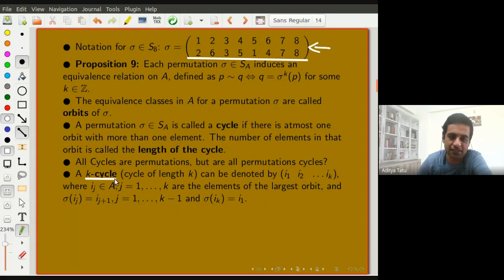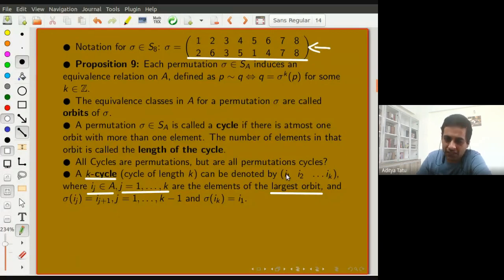K cycle means cycle of length k. We can denote it by just this k tuple, I1, I2 to Ik, where all of these elements are coming from the set A, and these k elements of A are members of the largest orbit. Clear?